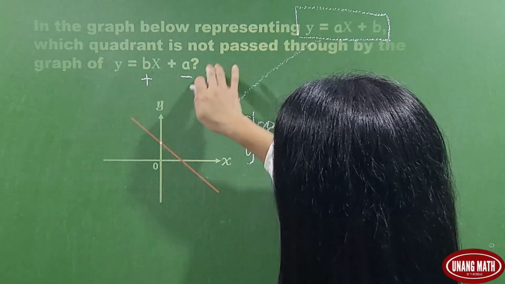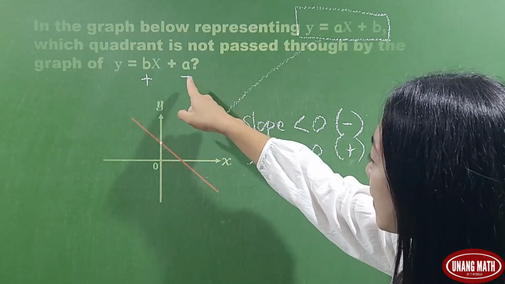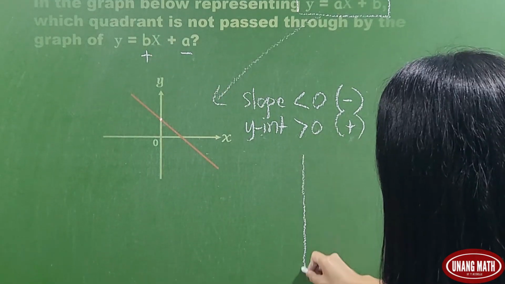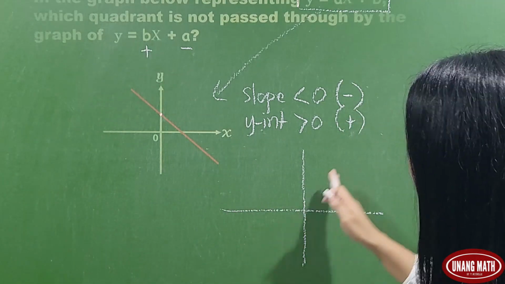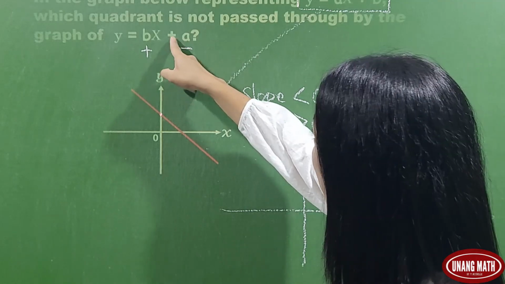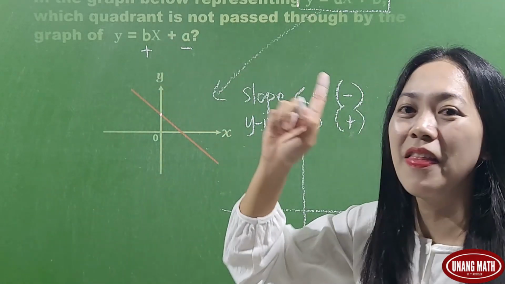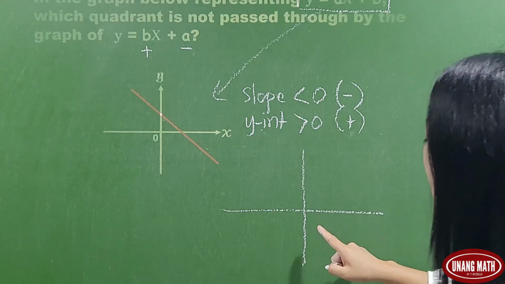If we are going to graph y is equal to bx plus a, where a is negative and b is positive, then the slope is positive, which means the graph slopes upward. The value of a here is negative, which means it touches the negative y-intercept.